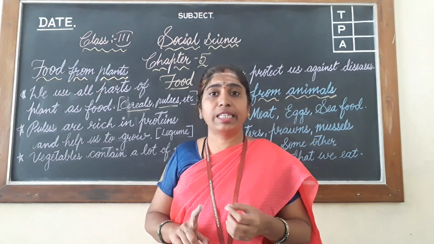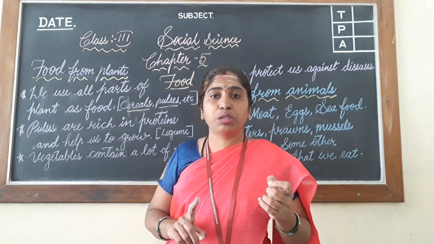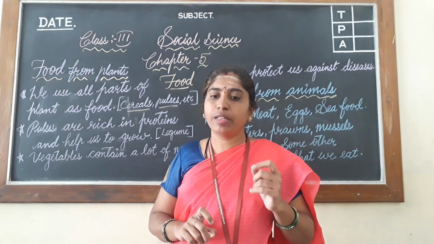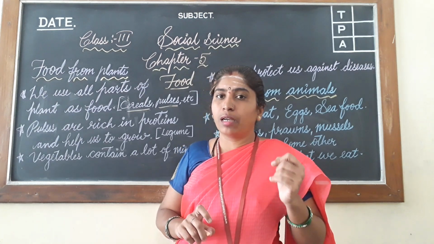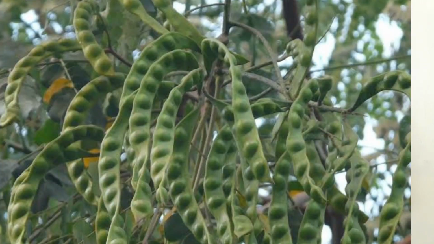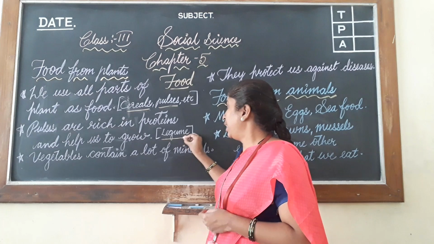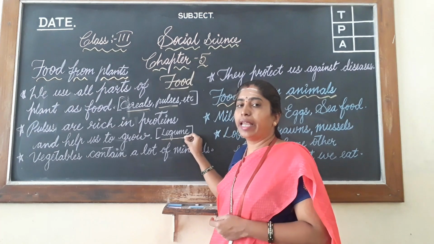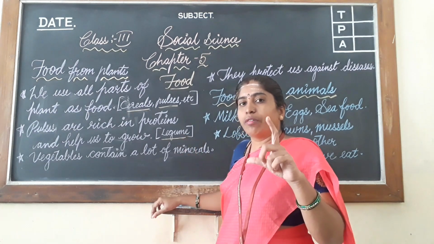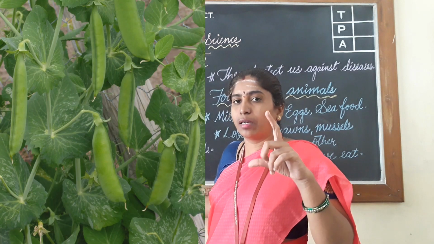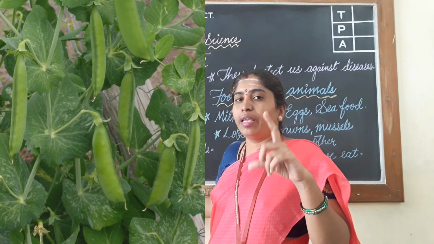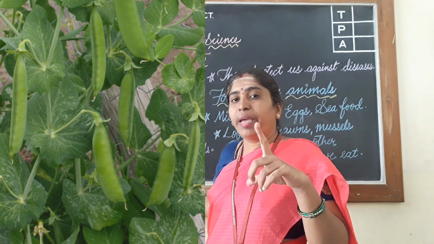These are the seeds. Pulses are the seeds of plants. They are also called a part of the plant, isn't it? These all come from legume plants. You see here, legume. Legume means what? Where one pod is there, in that you find many different seeds.